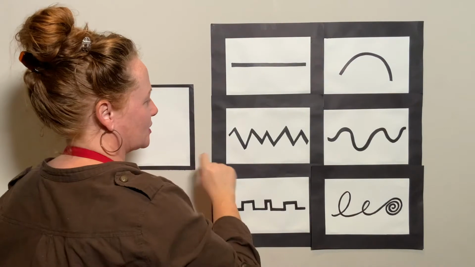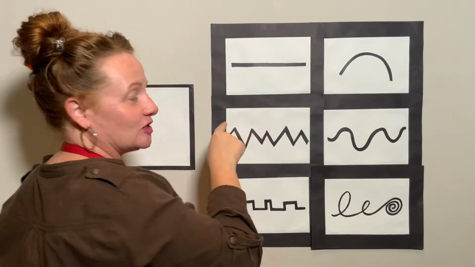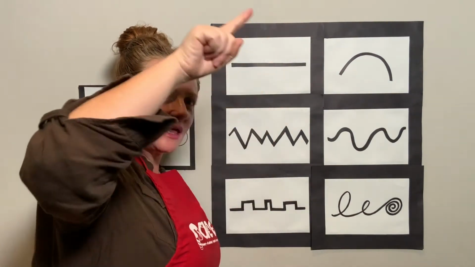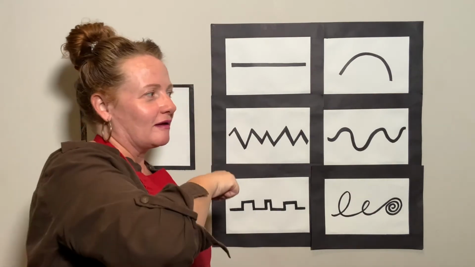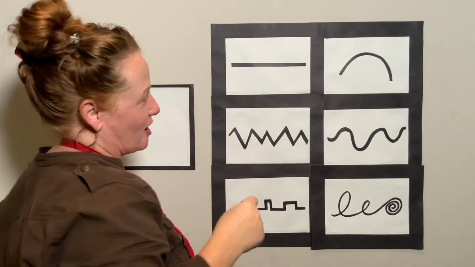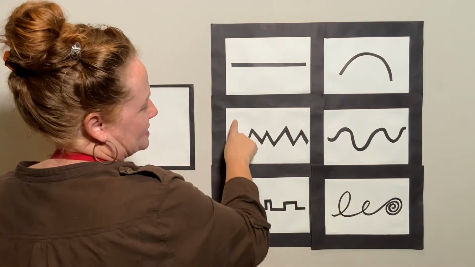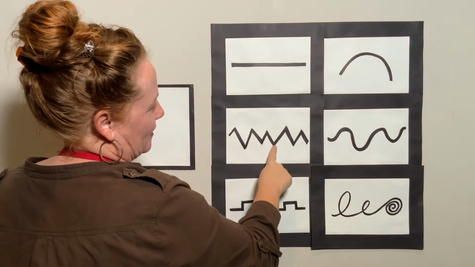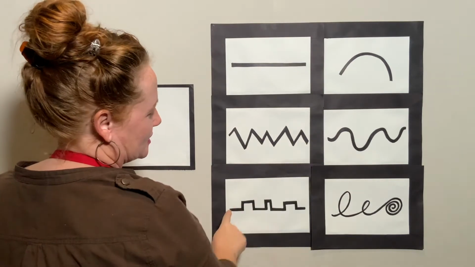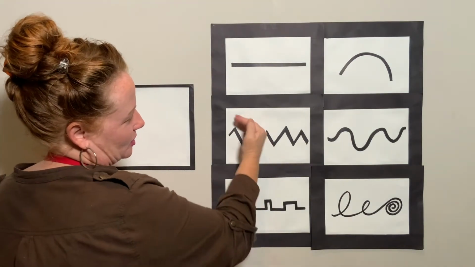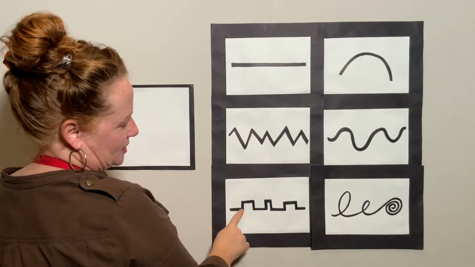Straight line. Very good. You can make these lines in the air with your imaginary wand or something. So we can do it in the air with me. This is a zigzag. Very good. Now the zigzag line has a lot of diagonal lines. Look at this one.